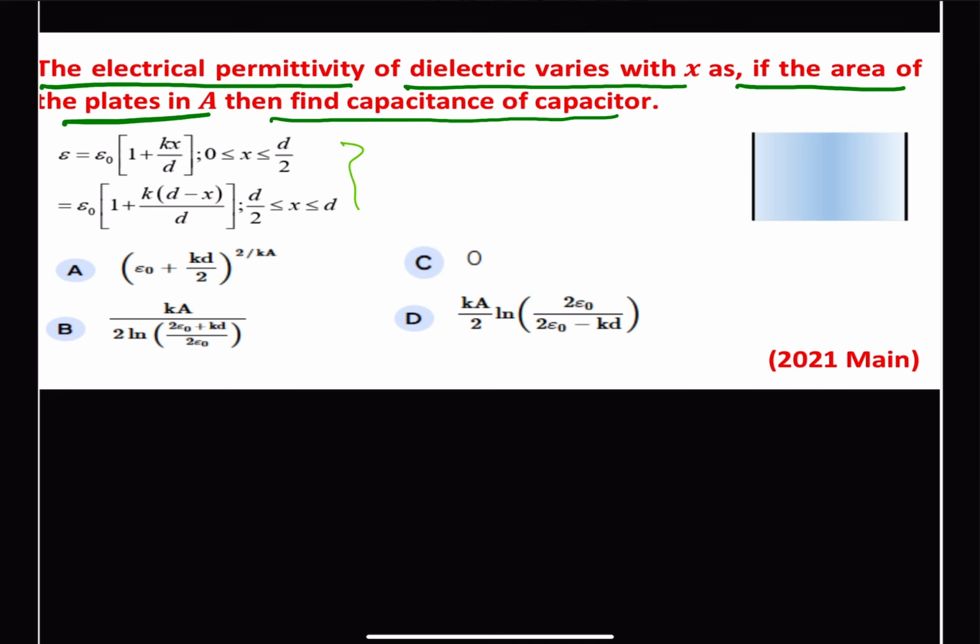If we consider d as the distance between the plates, then in the first half, from 0 to d by 2, we have a permittivity governed by the first part, and the second part is governed by this.